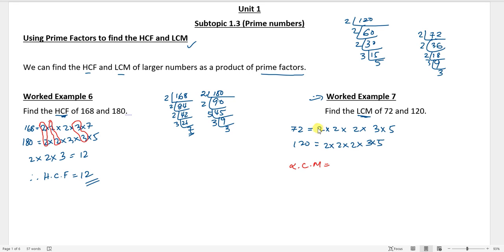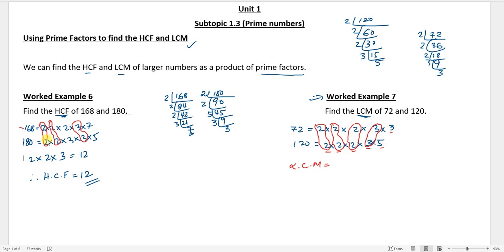So here we are going to find the common first. So we have 2, 2, 2, 3.